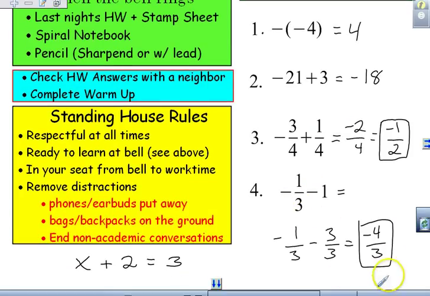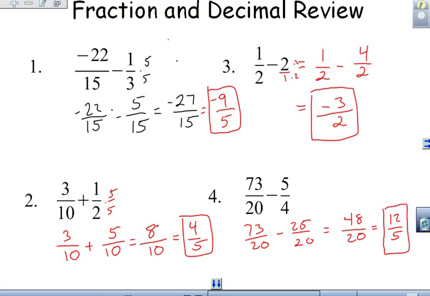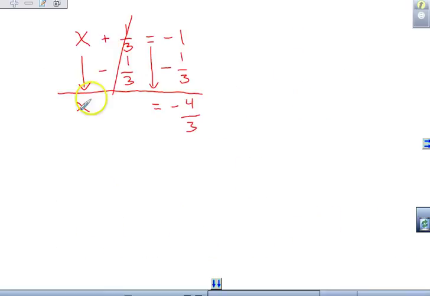There's the work. You do not need to show me this stuff, multiplying top and bottom by 2 and top and bottom by 5. You don't have to show that to me. You can do this on another piece of paper and just have the answer in line with your equations.